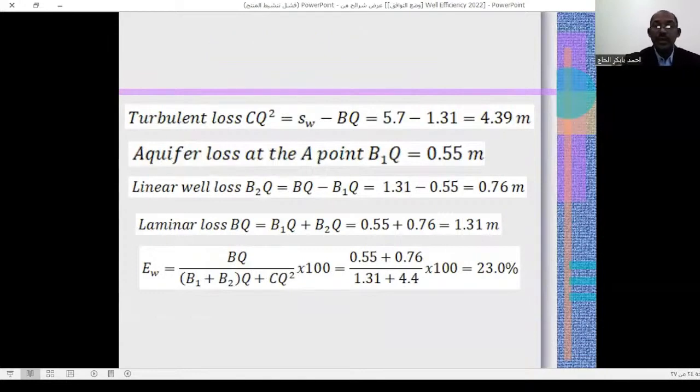Turbulent well loss equals 4.4 meter, aquifer losses B1Q equal 0.5 meter, and linear well loss B2Q equals 0.76 meter. Laminar losses BQ equal B1Q plus B2Q equals 1.3. Lastly, aquifer efficiency equals 23%.